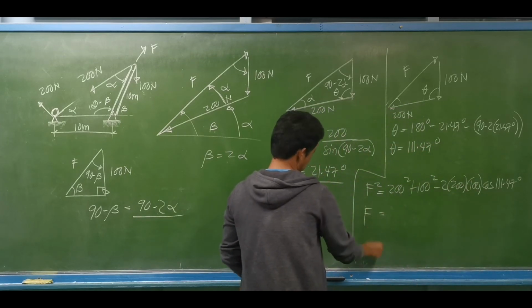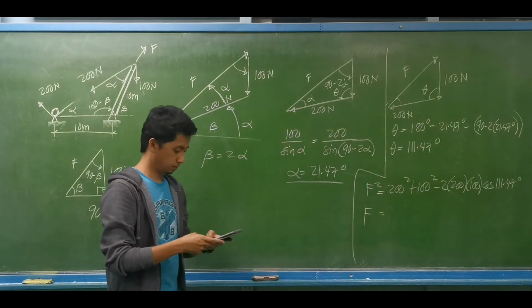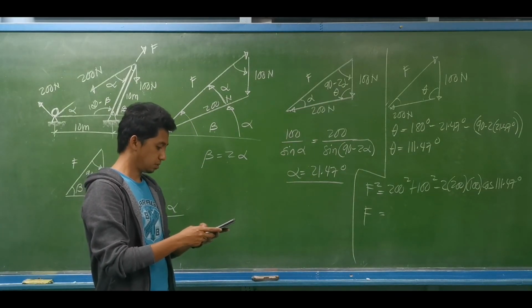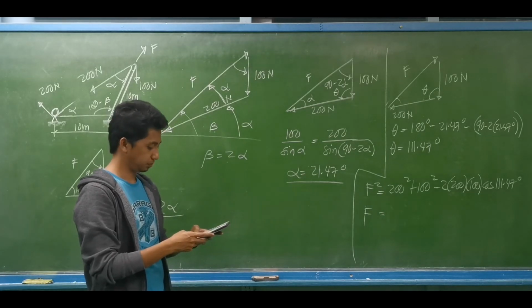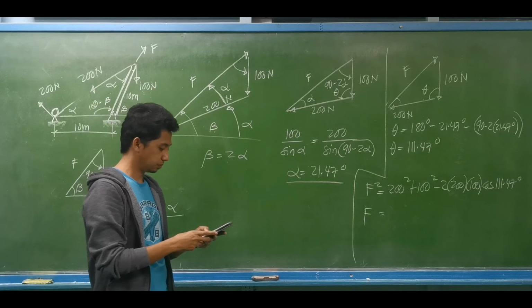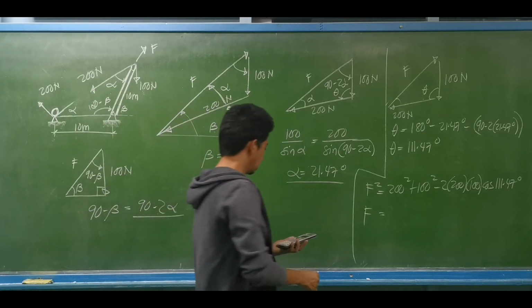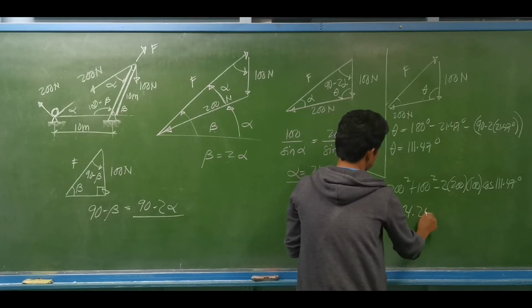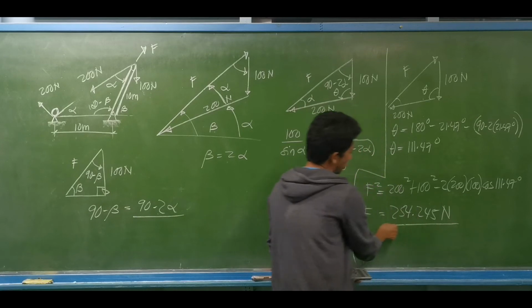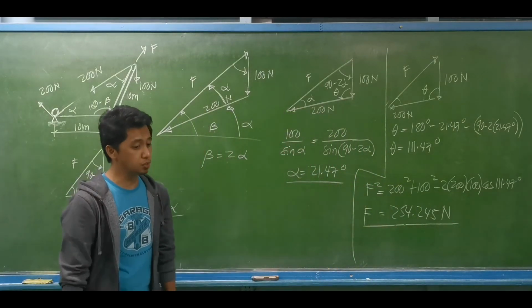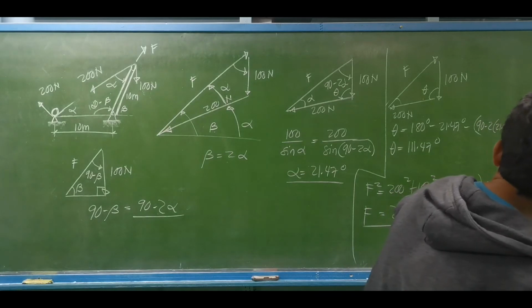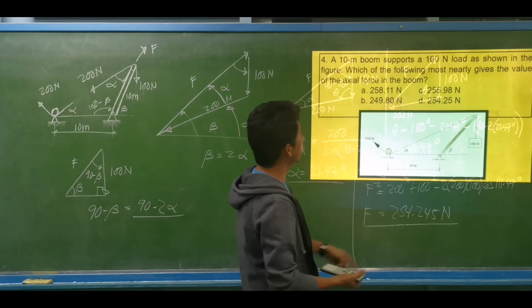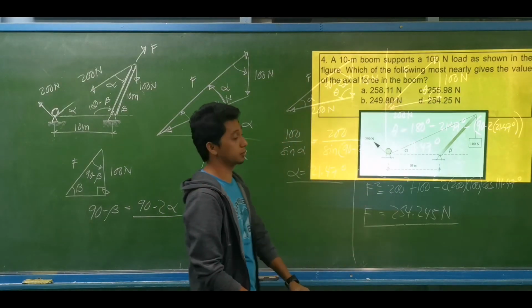So you have that force F is now equal to 254.245 newtons. Let us check on our choices. We have 254.25. That's letter D.